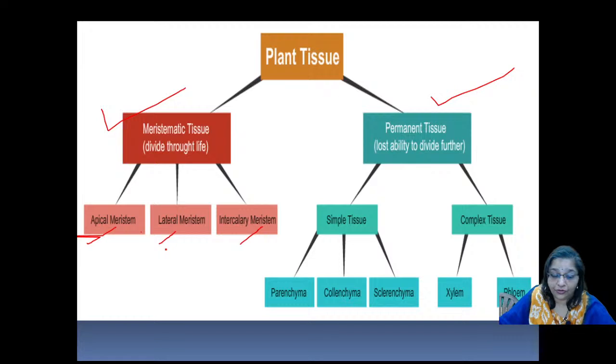helps in vertical growth. Whereas the lateral meristem actually is found along with the vascular tissue, the vascular bundles now, and they are found on the sides of the plant parts. Okay, lateral refers to the side. Now, actually, lateral also refers to the increase in thickness, increase in the girth of the plant part. For example, if you take stem, it increases in its size horizontally.